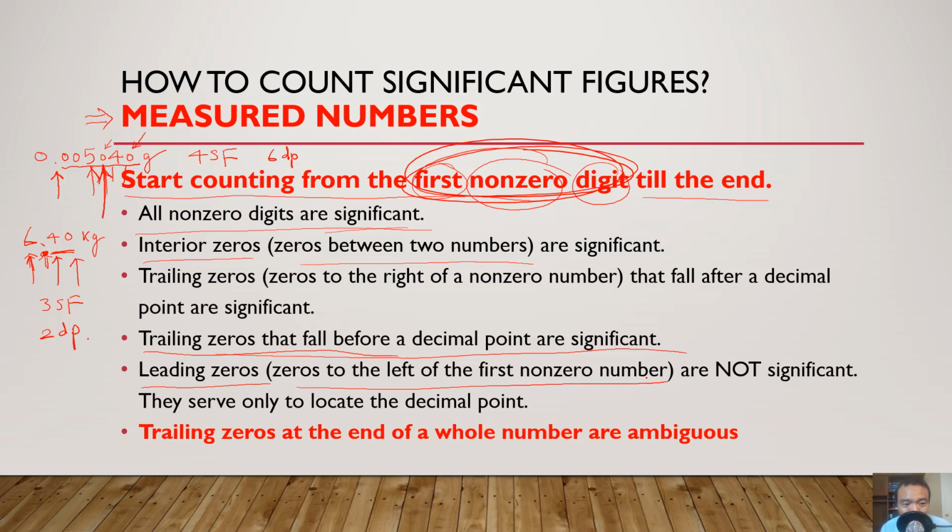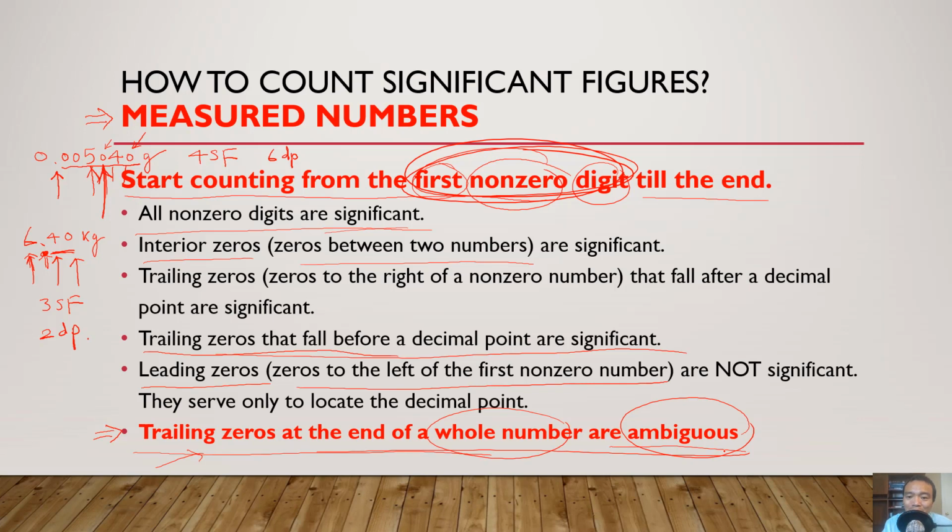It is start counting from the first non-zero. So anything before the first non-zero, they are not significant. So that does make sense, right? And trailing zeros at the end of a whole number is ambiguous. What does it mean? Oh, this one is actually a little bit different. We're going to go over that in the next step so you know what that means. Trailing zeros at the end of a whole number is ambiguous.